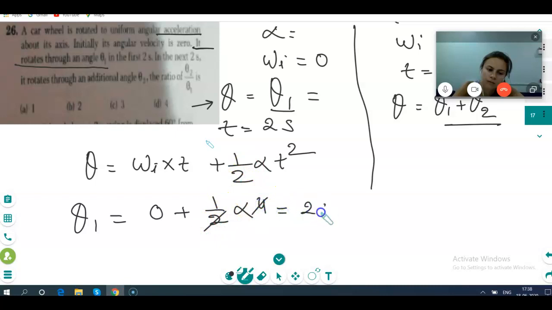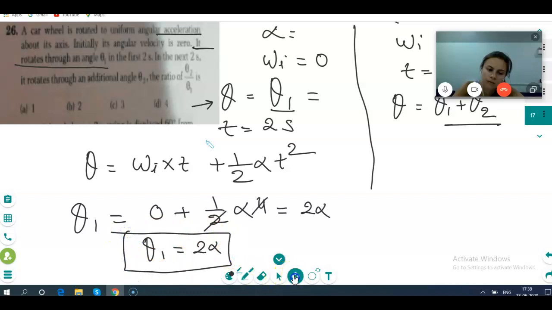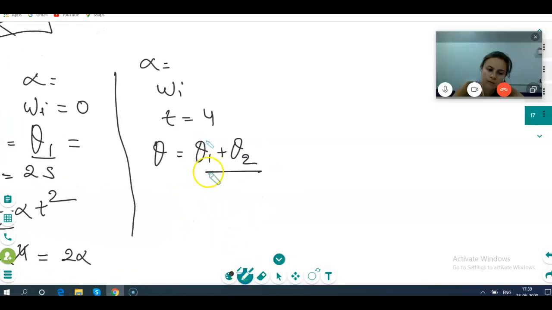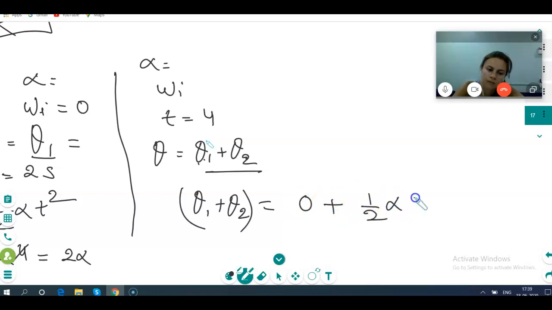So theta 1 is 2 alpha. And for theta 1 plus theta 2, not theta 2 only, it is going to be 0 plus half alpha times 4 square, which is 8 alpha.